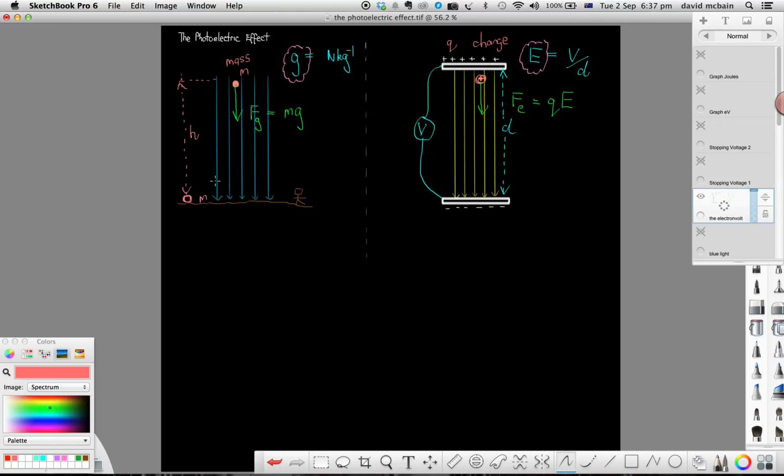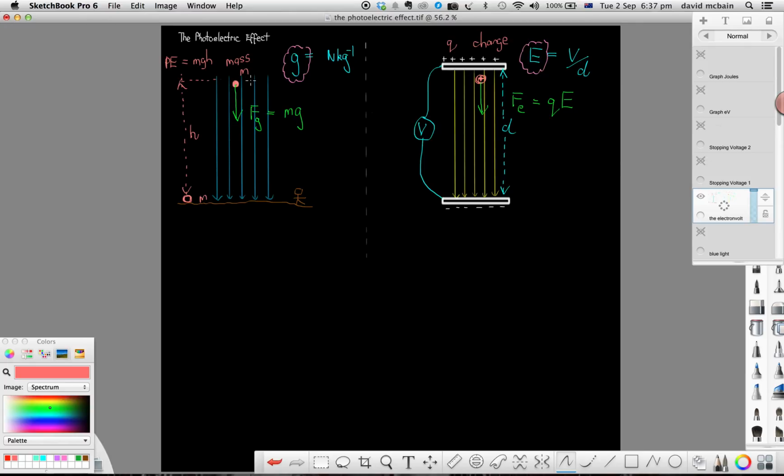Well, we know that if we take our mass and lift it without accelerating, just lifting it up to this height, it will have gravitational potential energy, and its gravitational potential energy will be mgh. Potential energy will equal mgh.